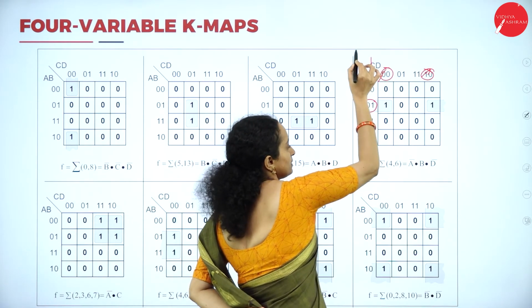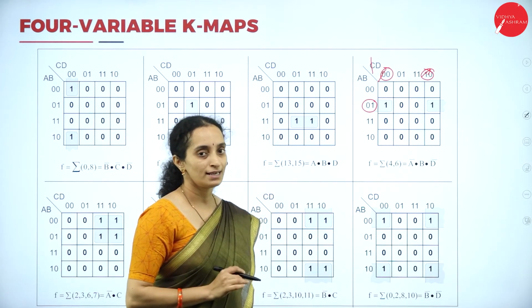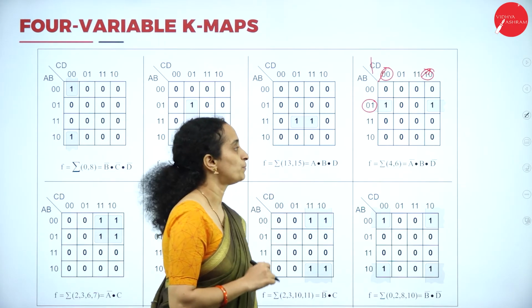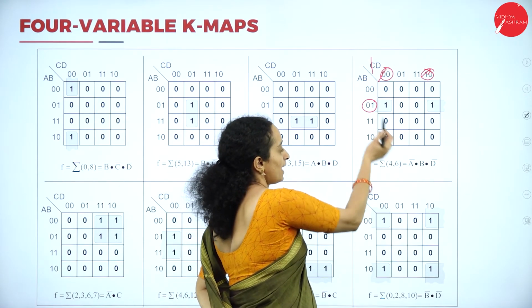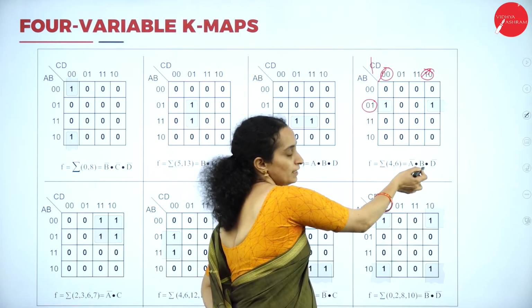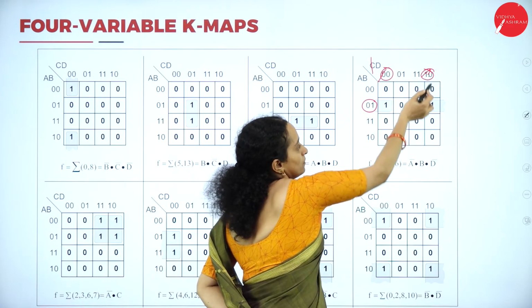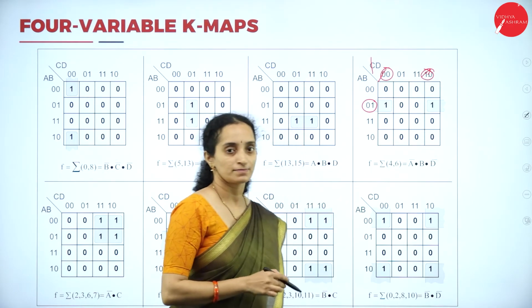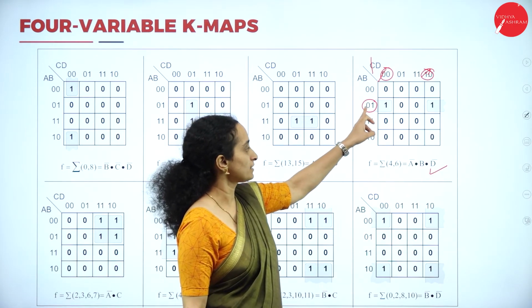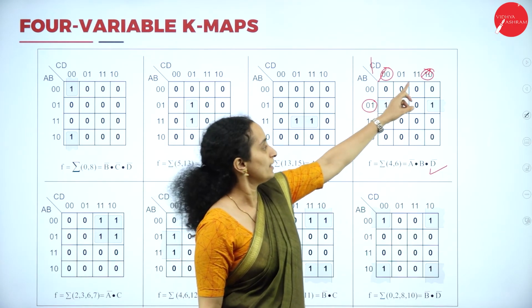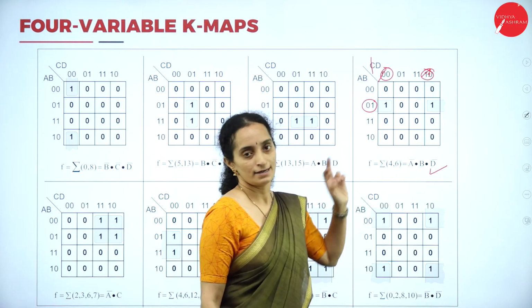That means C is cancelled. D is remaining in the complement form. Final expression will be A dash into B into D dash.